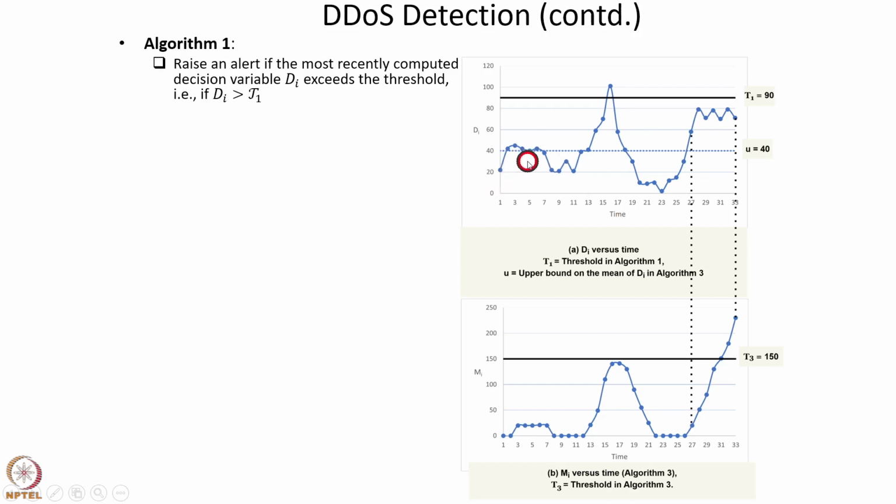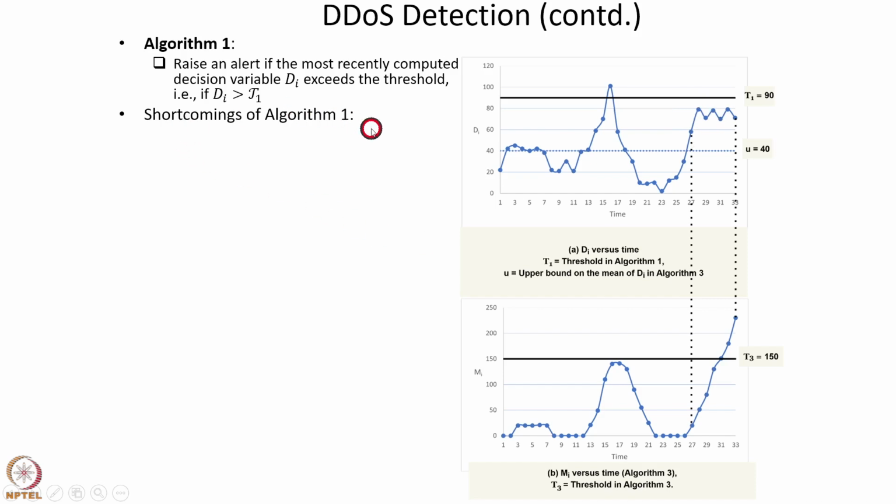It is always above 0, and the threshold tau 1 is 90, so that threshold is shown here. At this time instant, Di exceeds the threshold 90, so the algorithm raises an alert. At this instant, Dis are very high. They are close to the threshold, but they are still below the threshold, so the algorithm does not raise an alert.